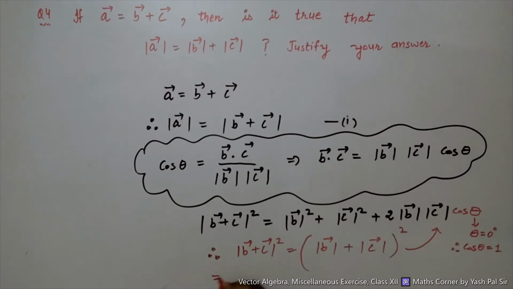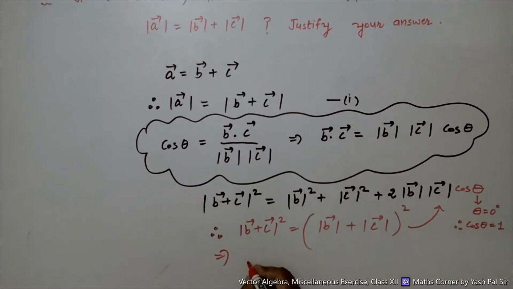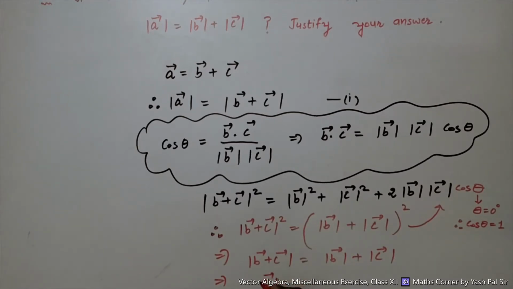So taking square root now, we can say magnitude of B plus C is equal to magnitude of B plus magnitude of C. That is, what is magnitude of B plus C? B plus C, the value of B plus C is vector A. So vector A, its magnitude is equal to vector B plus vector C, its magnitude, is possible only for theta equal to 0 degrees.